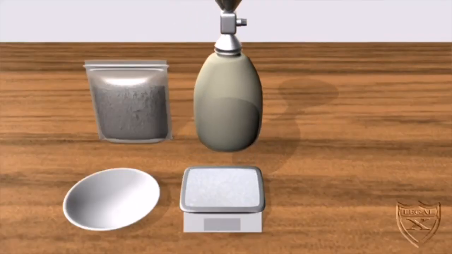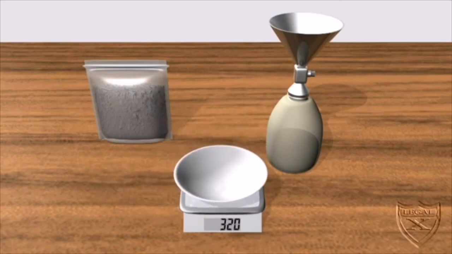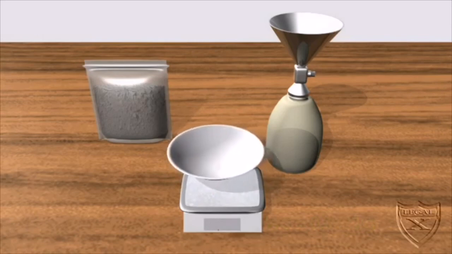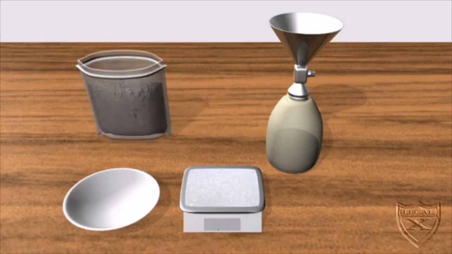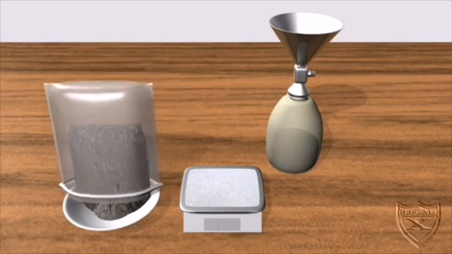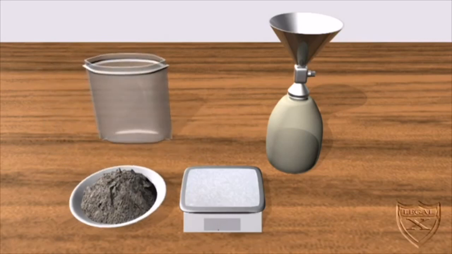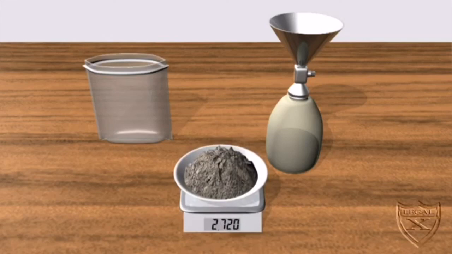Our final calculations will require another series of weighing. We'll start with the evaporating dish. It weighs 0.462 kilograms. We'll call this W6. We then put all of the collected soil into the dish and weigh this. We get 2.723 kilograms.